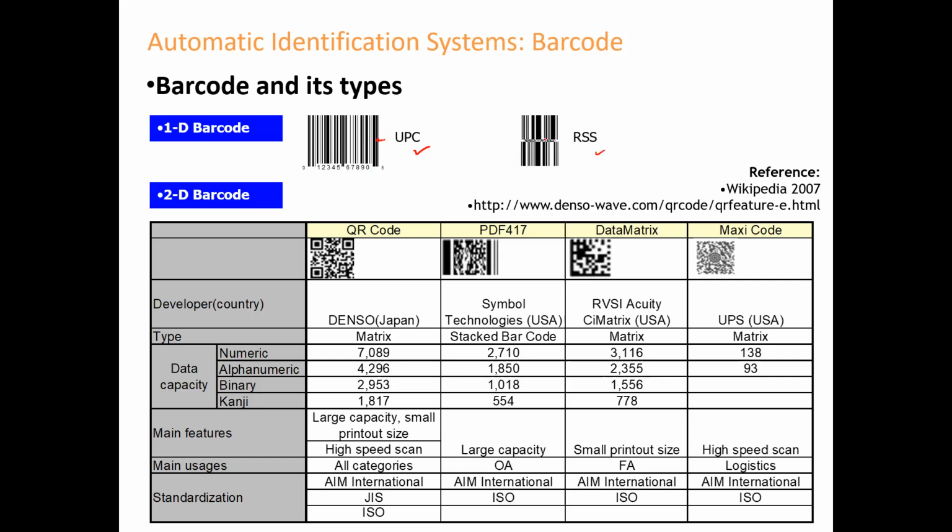Okay, we use this often to identify the product, but recently, like 10 years ago and up to now, we use 2D barcodes as well, not to identify the product but to identify something else.